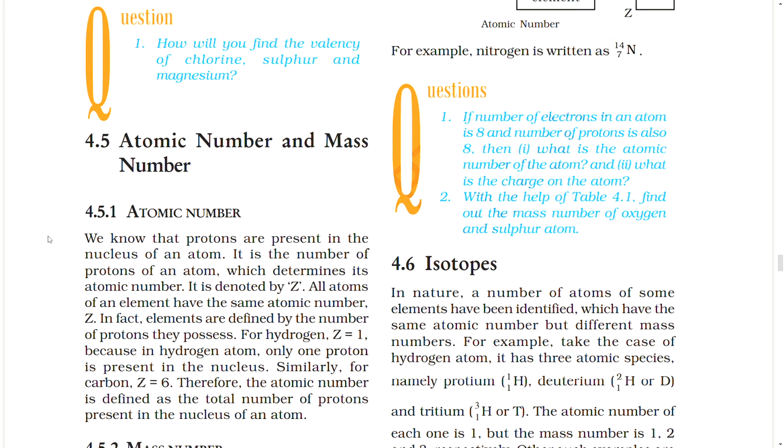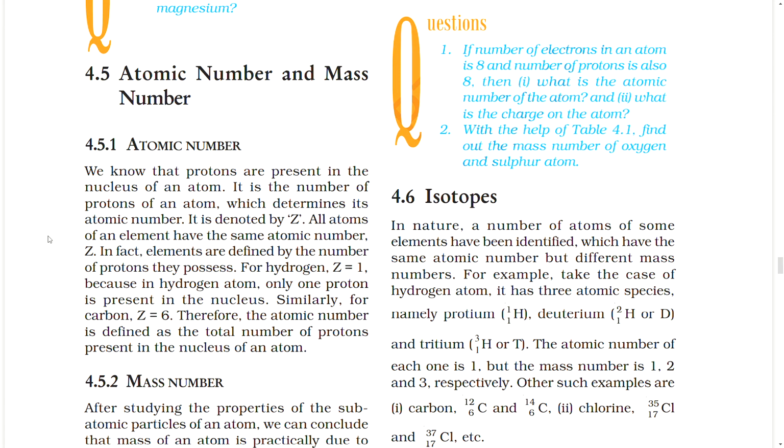4.5 Atomic number and mass number. 4.5.1 Atomic number. We know that protons are present in the nucleus of an atom. It is the number of protons of an atom which determines its atomic number.